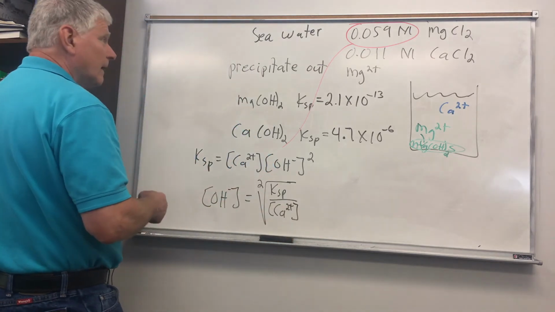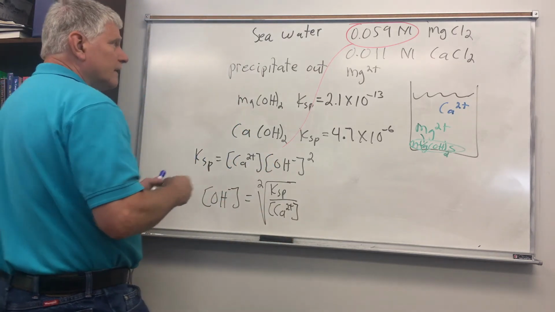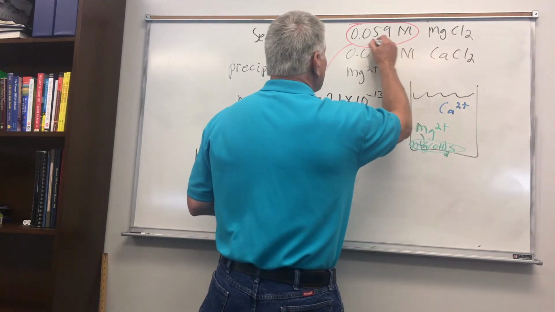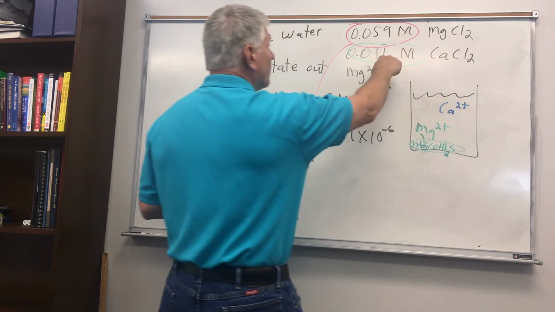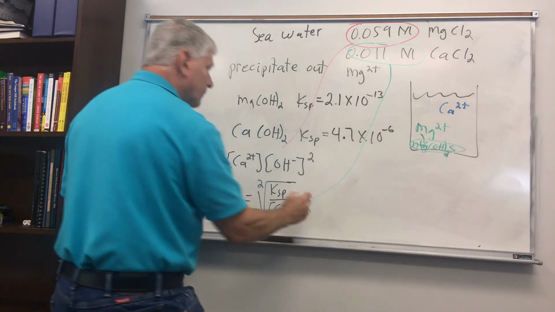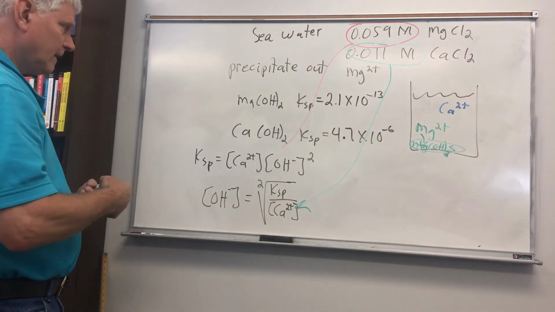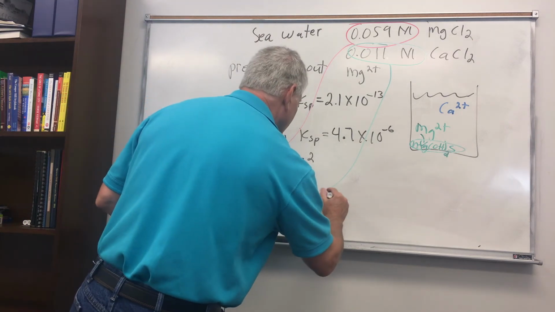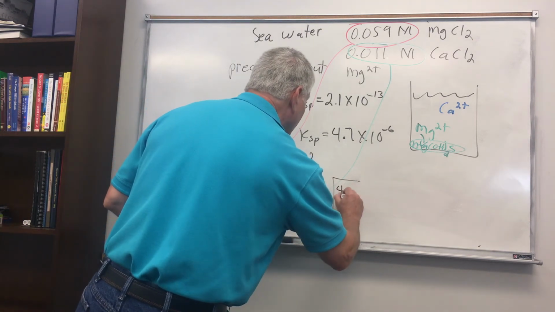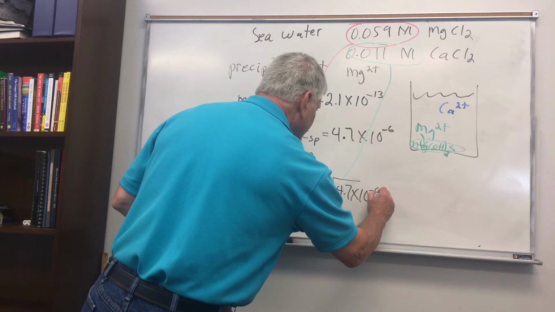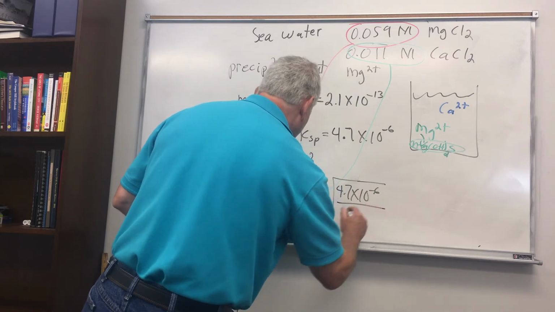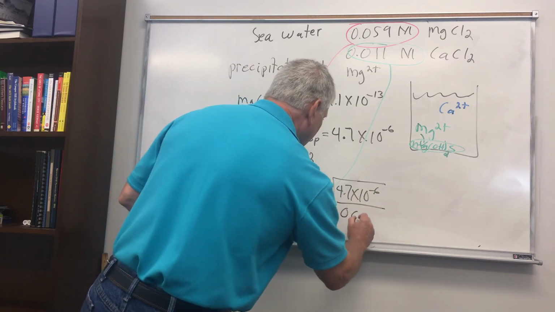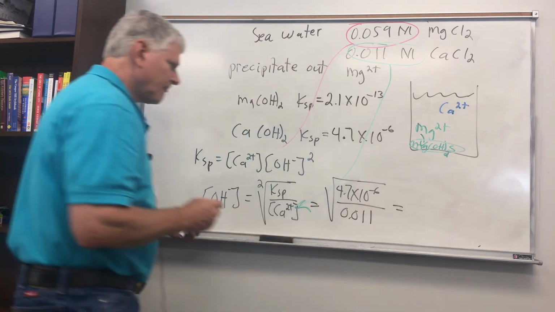Now the calcium concentration is 0.011 molar. So we put that in here, and we use its KSP. This is the square root of 4.7 times 10 to the minus 6 divided by 0.011.